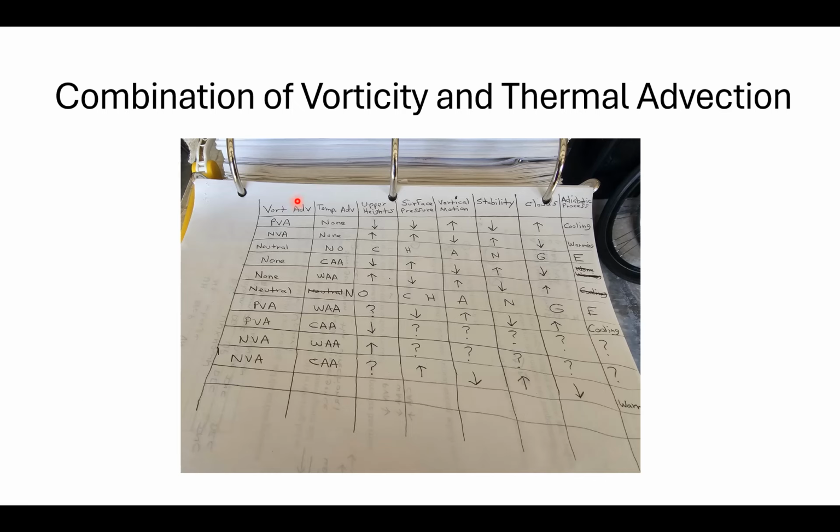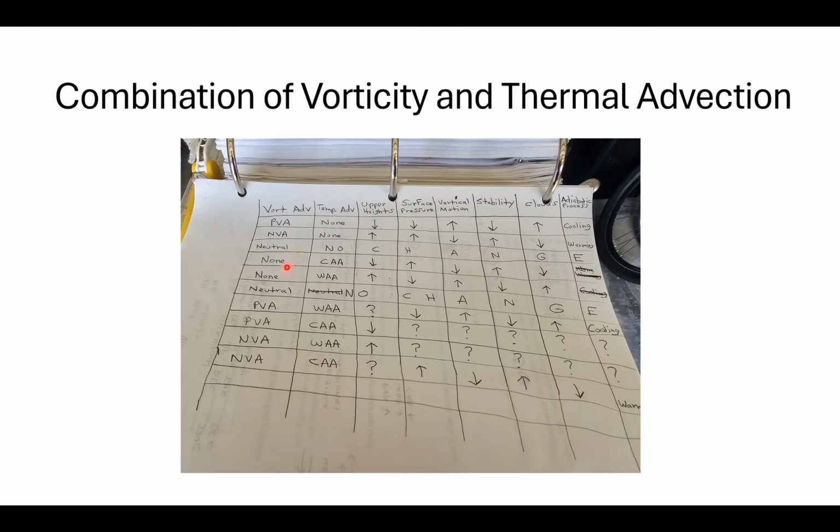If you look at this far left-hand column, it shows the different types of vorticity advection. Vort ADV stands for vorticity advection. PVA is positive vorticity advection, NVA is negative vorticity advection, and the plain word neutral represents neutral vorticity advection.